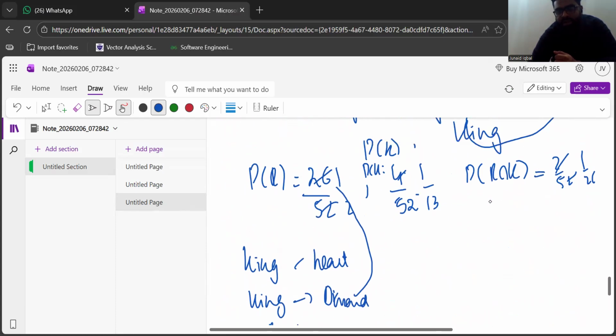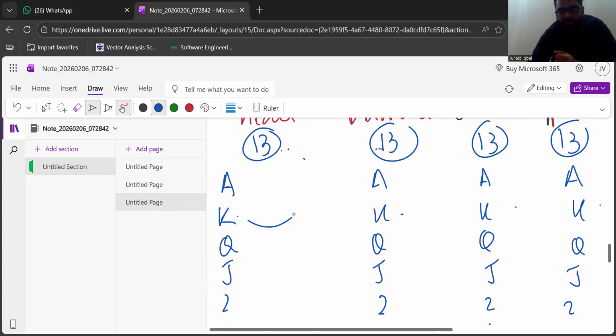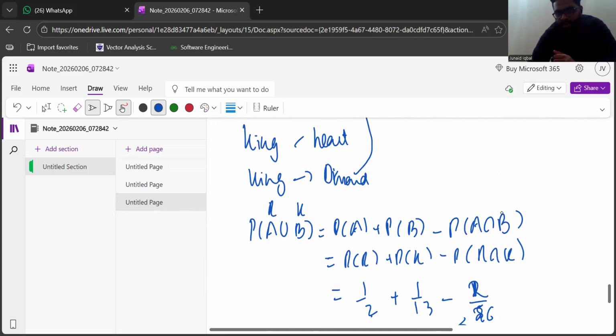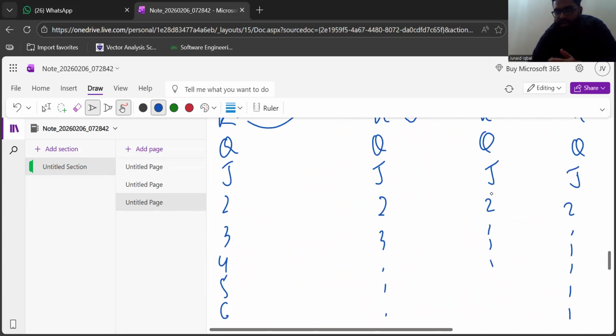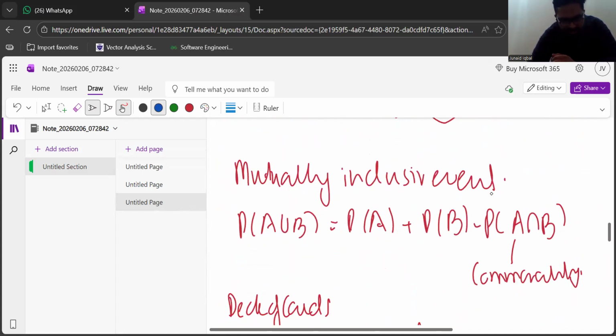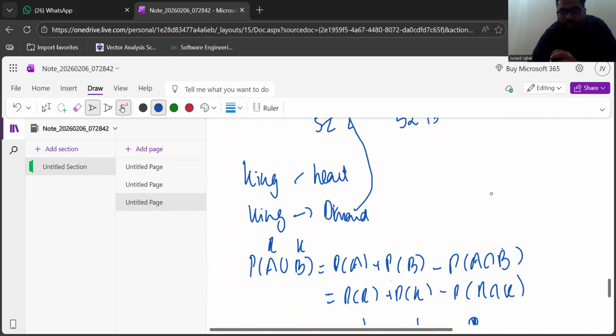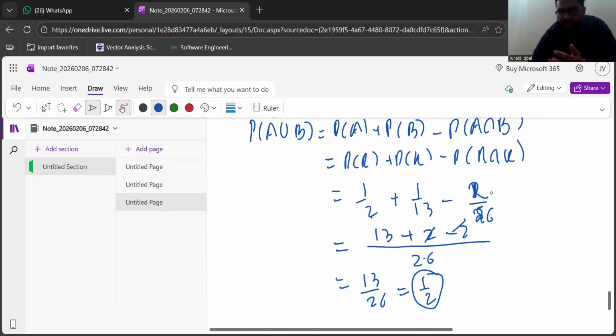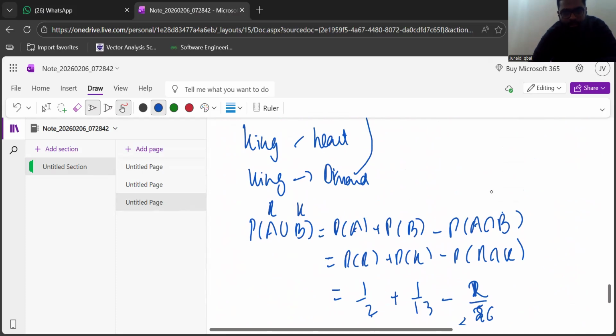That's why we have to subtract it. Two are repeated, the red kings, so we have to remove them. This is the common element. Although they cannot happen at the same time, two elements are common, because we can have a red king, so they are included in both, and we have to subtract them. So this is how it works.